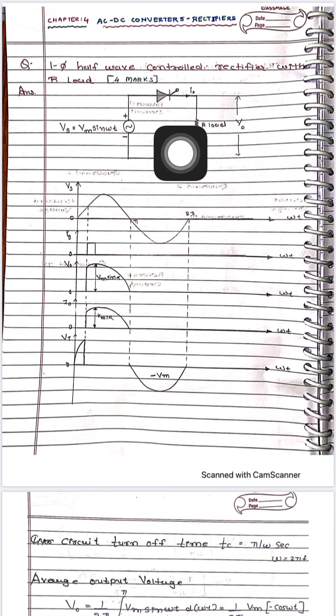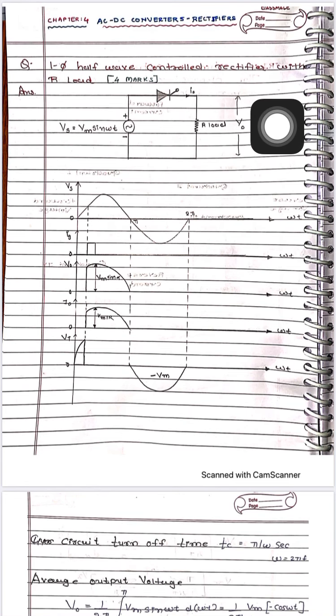So, after 30 degree, what will happen? My current I0 tries to flow from load to source. So, whatever the function of the resistance is to be performed, and voltage appears across the resistance after 30 degree.